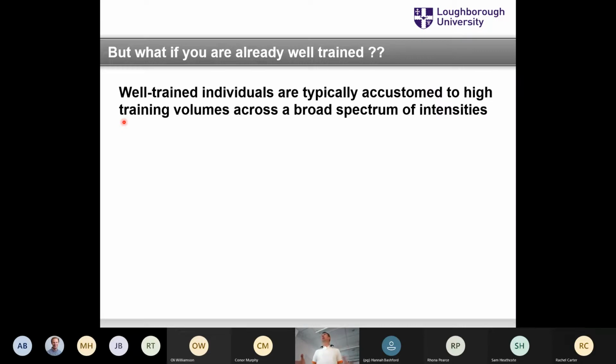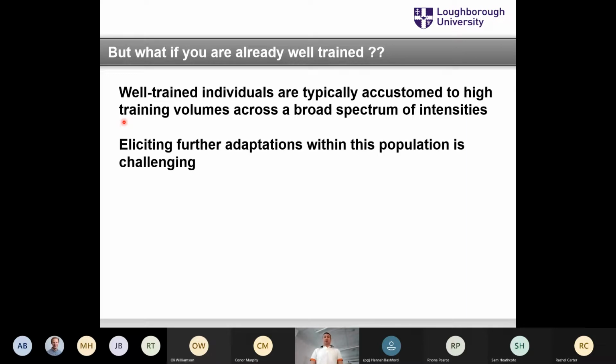So well-trained individuals are accustomed to performing high volumes of training, 20, 24, 25 hours a week of exercise training. If you simply increase that volume, that doesn't necessarily translate to further adaptation. So eliciting adaptations within this population is very challenging indeed.